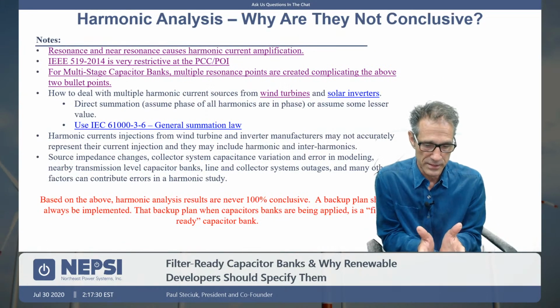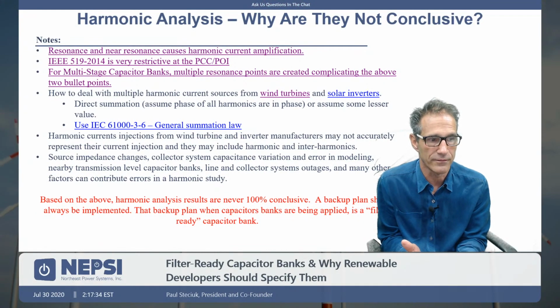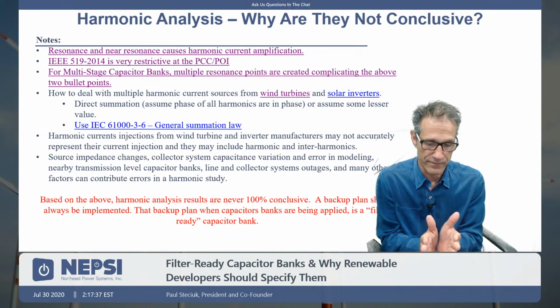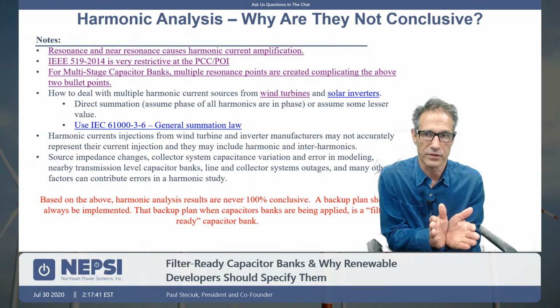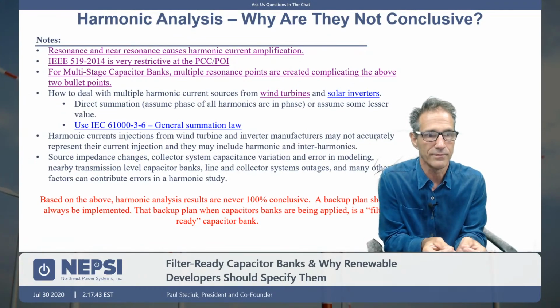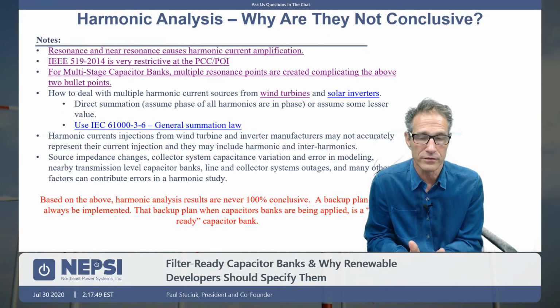One way is to make an assumption, say they're 80% additive or 70% additive. Remember that if each inverter is putting out harmonic current and there are slight phase angle differences, they do not directly add. They add at a percentage of that value. So there's an assumption that's made.